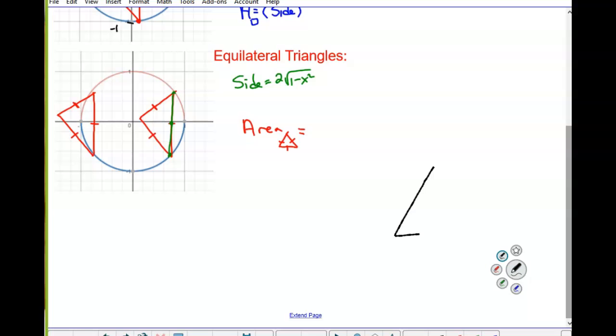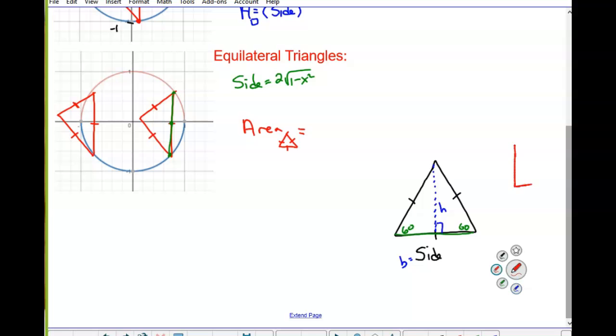Let's go back to geometry for a little bit. If I have a side length, remember, these are 60-degree angles, all 60. But the area formula for a triangle is 1/2 the base times the height. I know what the base is. The base is whatever the side length is. But what's the height?